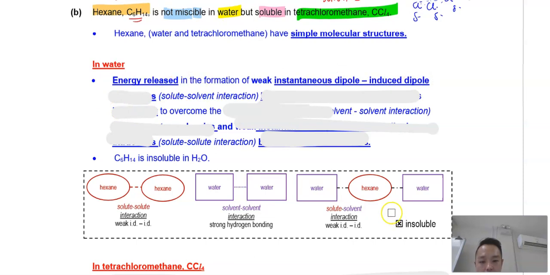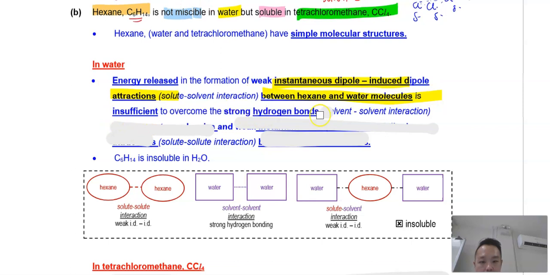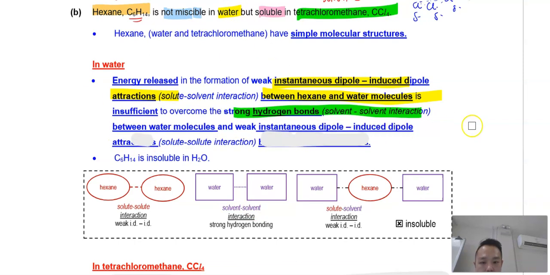So energy released during the solute-solvent interaction, which is the weak ID-ID formed between hexane and water molecules, is insufficient to overcome the stronger hydrogen bonds, which is a solvent-solvent interaction, as well as the weak ID-ID between the hexane molecules, which is a solute-solute interaction.